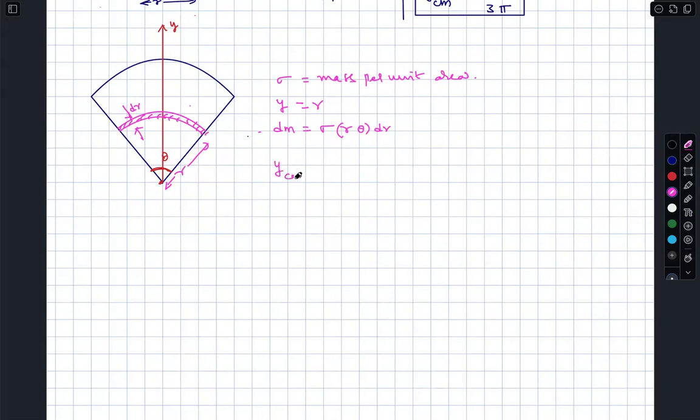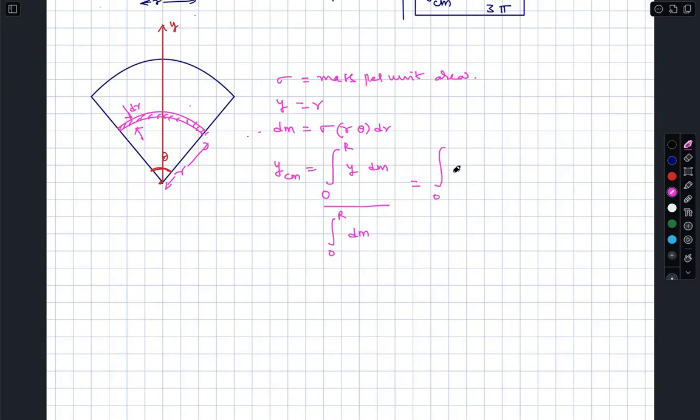So y center of mass is the integral from 0 to capital R of y dm, divided by the integral from 0 to capital R of dm.